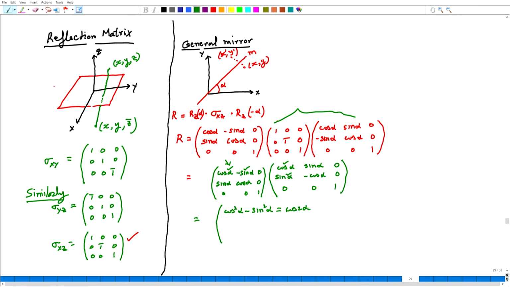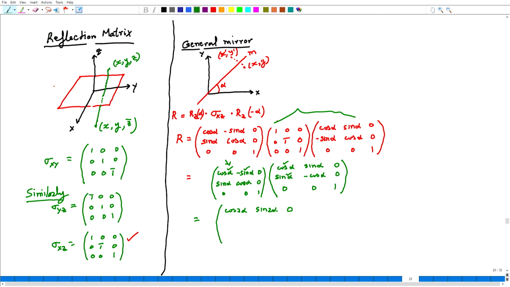So my first element becomes cos 2 alpha. Similarly, go to first row, second column, and I get cos alpha sin alpha minus sin alpha cos alpha, so sin alpha cos alpha plus sin alpha cos alpha, and that is nothing but sin 2 alpha, and the third element will be 0.